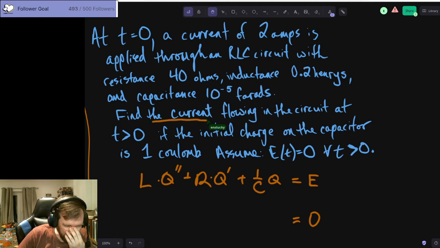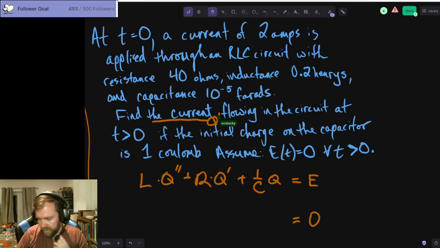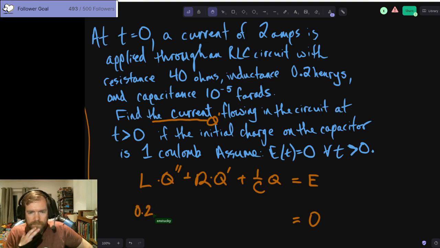But that's Q prime. So we'll treat Q as the variable. And then for the rest, we've got two of those.